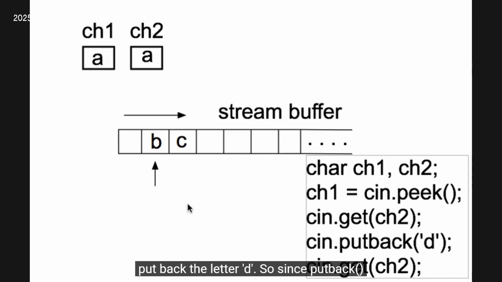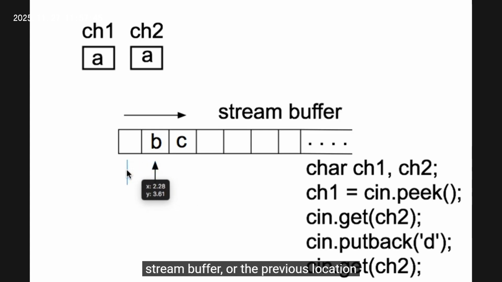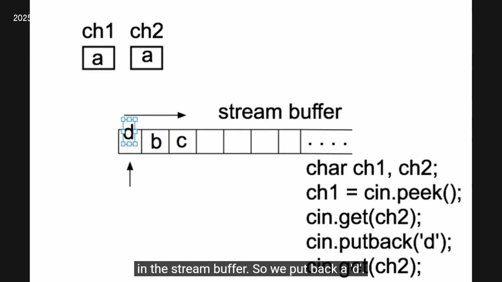Since putback works the same way as get, only in reverse, the first thing we're going to do is move the pointer back over to the previous location in the stream buffer. And then we will place a D right there in the stream buffer. So we put back a D. That's how putback works.